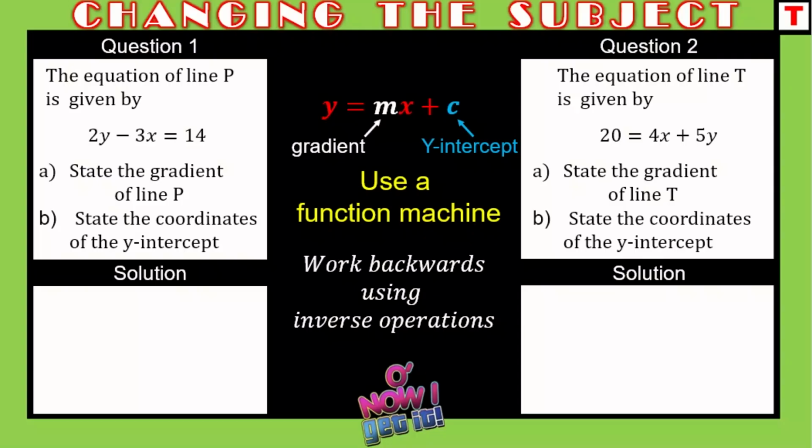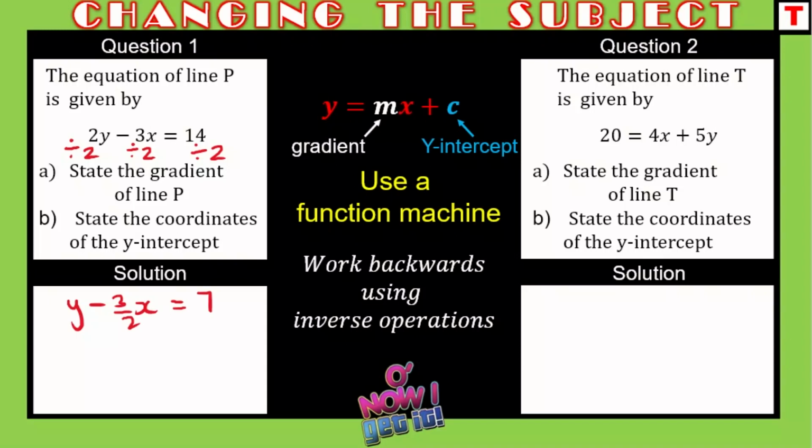So if I divided everything by 2, then we will have the following. We will now have y take away 3 upon 2, the number that is beside the x, I'll keep it as a fraction, and then this would be equal to 7.